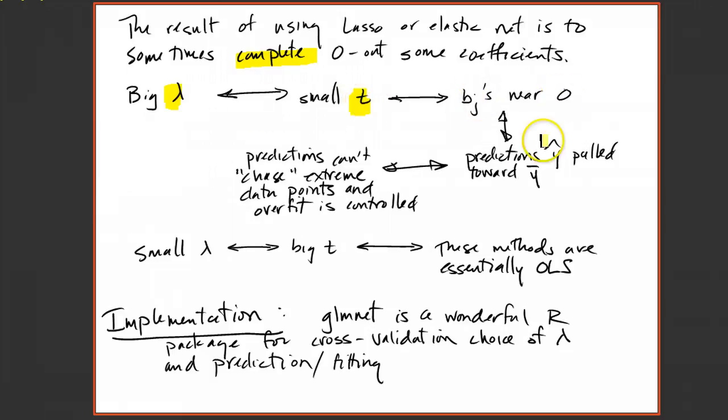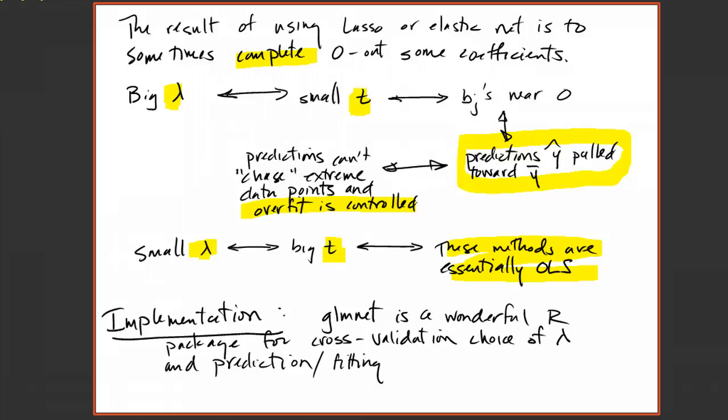That is, b's near zero. B's near zero produce predictions that are pulled toward y bar. And basically what that means is that the predictions can't chase extreme data points. Since the predictions can't chase extreme data points, you get some control of overfitting. On the other hand, if you have small lambdas, that corresponds to big t, and these methods turn out to be essentially ordinary least squares.